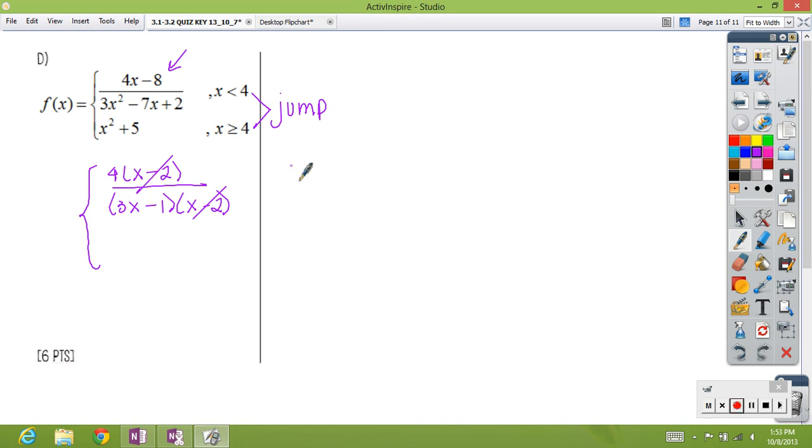So, to start off, I know at x equal to positive 2, there's a removable discontinuity, which means it's not differentiable. At x equal to positive 1/3, I know there's an infinite discontinuity, which is not differentiable. And then the jump discontinuity, I have to check. So, at x equal to 4, I'm going to substitute.